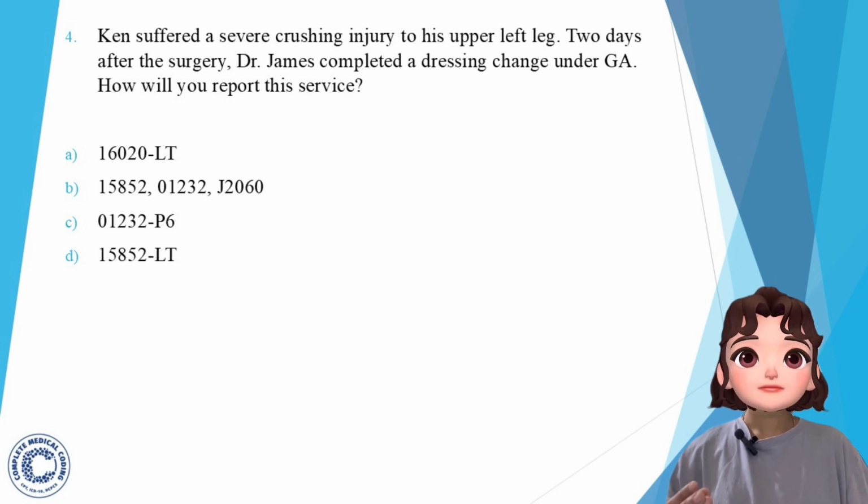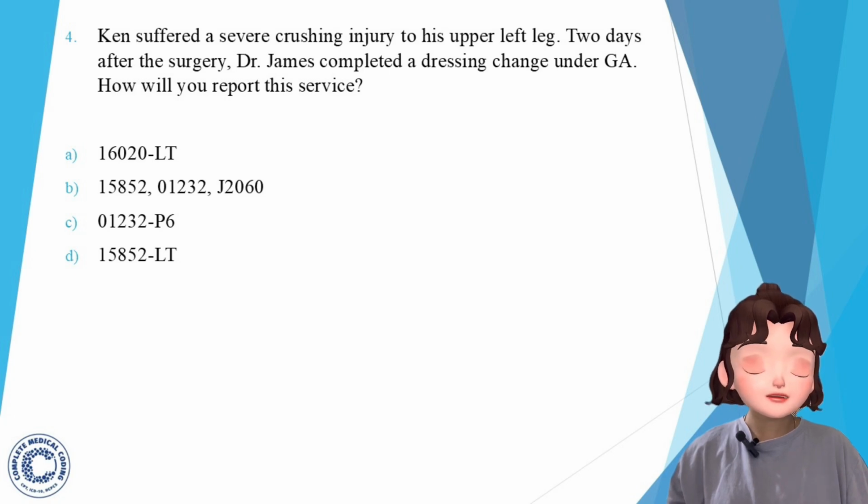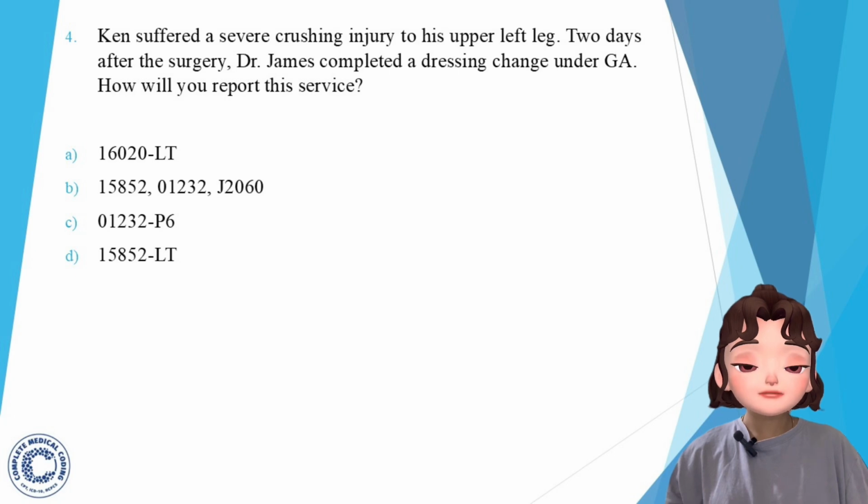Dressing change under general anesthesia, which is not a burn dressing. So, this is the correct CPT code for this question, 15852. And since the procedure has been carried out on the left leg, you have to append it with the modifier LT. LT, which is there in option D. So that will be our answer, because in option B, 2 more anesthesia codes have been marked, 01230, 01232, which is not required, because the CPT code 15852 already includes general anesthesia.